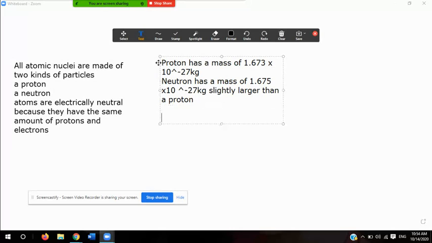And one very important thing is that the nuclei of atoms of different elements differ in their number of protons.